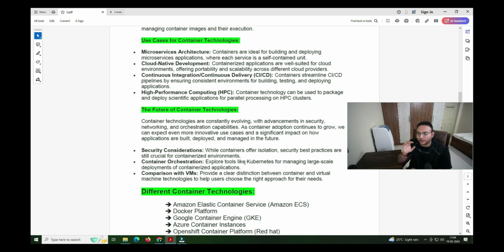Right now we have achieved a lot of things, but in the future we'll try to cover other sections also, like security, networking and these types of capabilities. We'll try to develop them more, because the level we have reached in containers now is not up to the mark we are looking for.